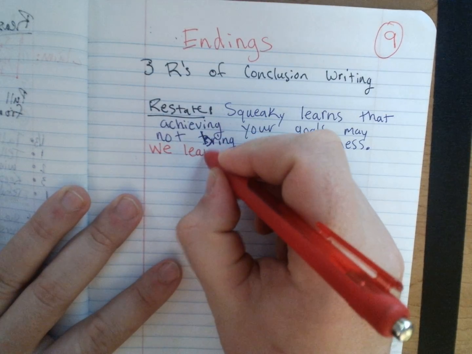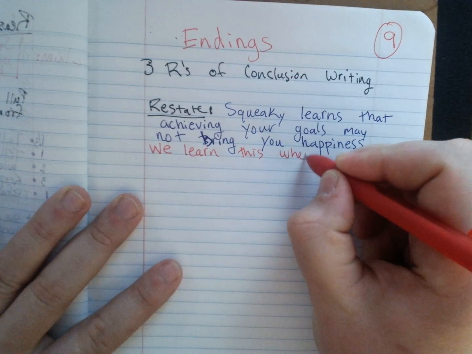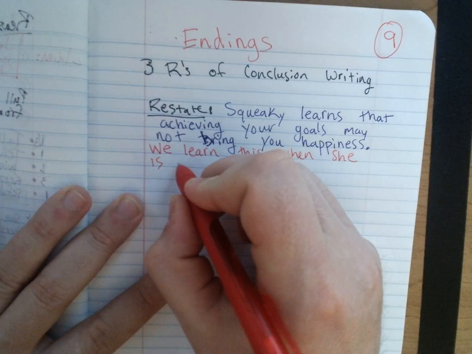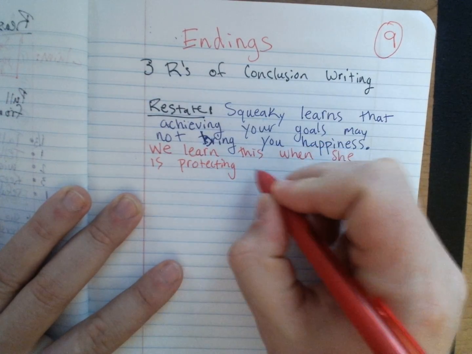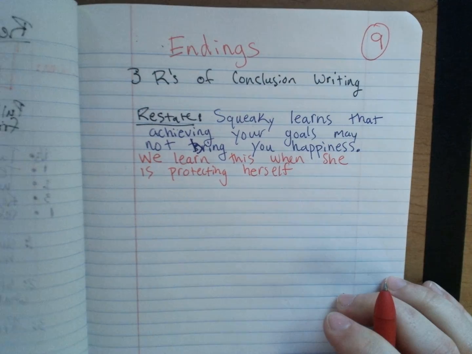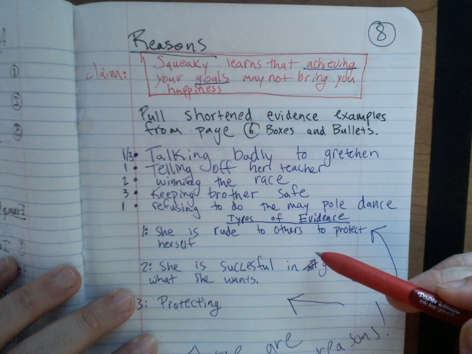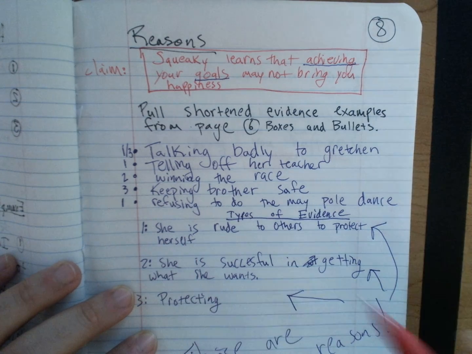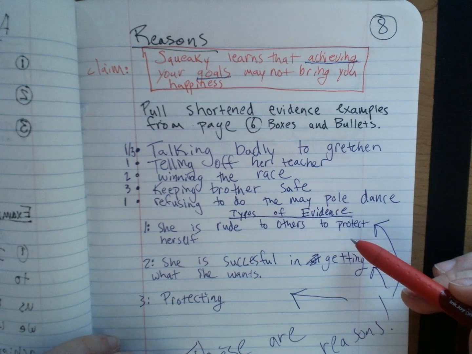We learn this when she is protecting herself. And you'll notice that as I look at these, I cut them down as far as how many words I was using. Before I said she is rude to others to protect herself, and I decided, it's a lot of words to write.